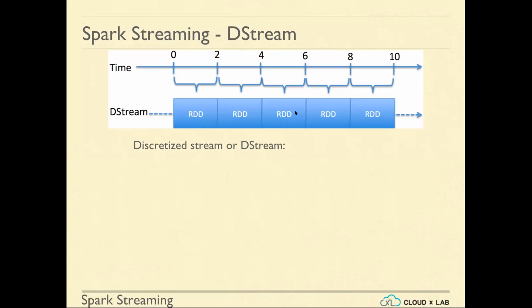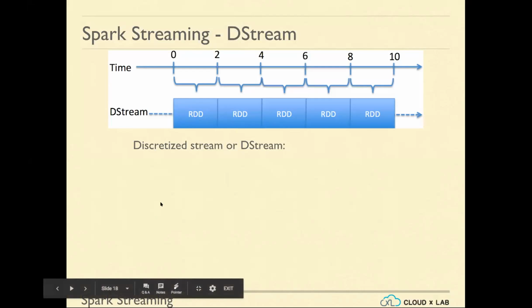This is another RDD, this is another RDD, and so on. All we are doing here is breaking the input data based on time into RDDs, and we're processing the RDDs using our standard Spark engine. All right, so that's what it is.